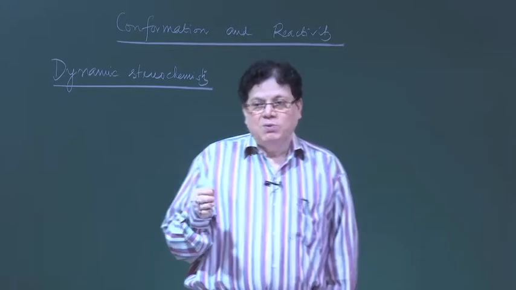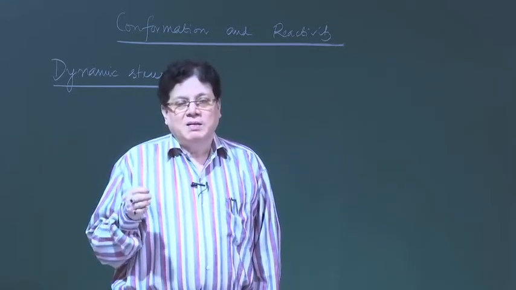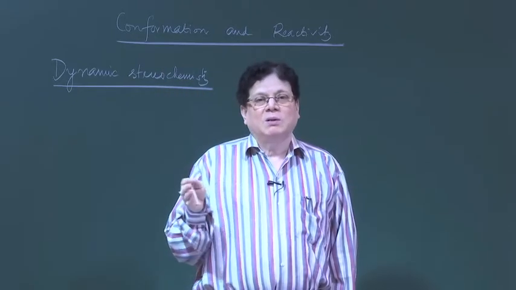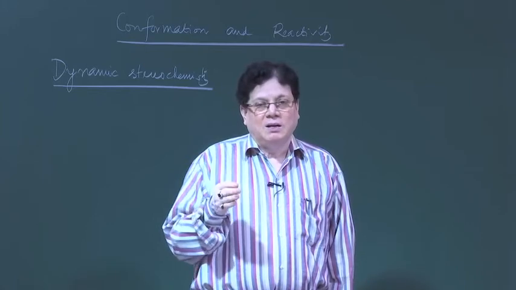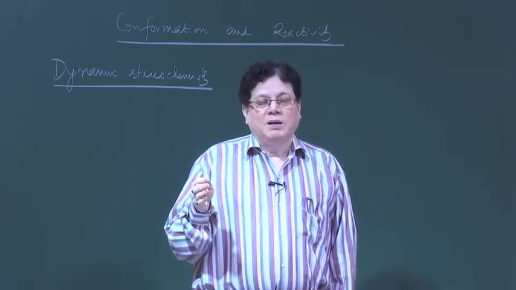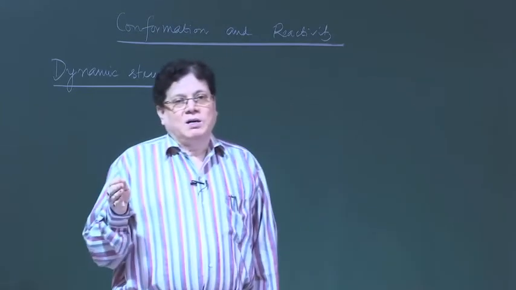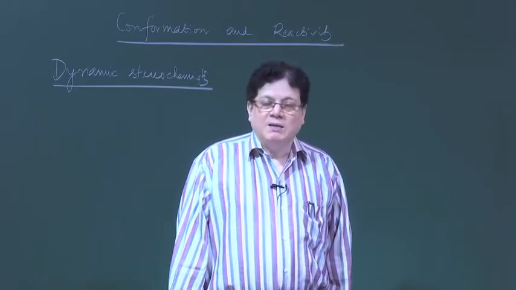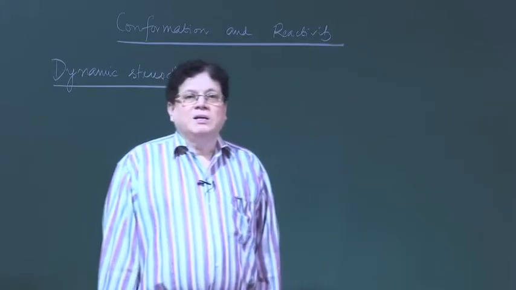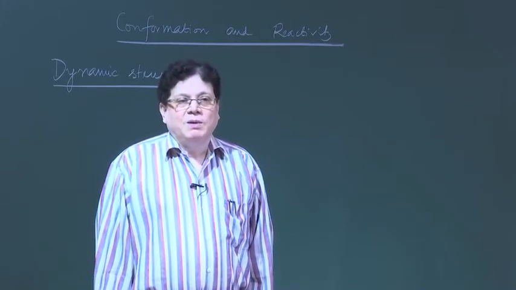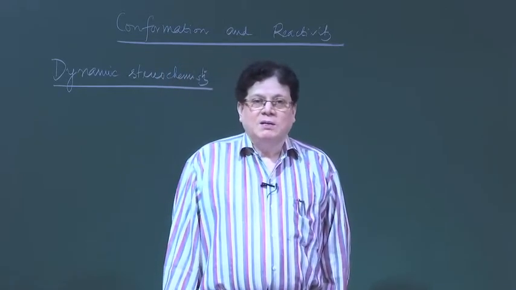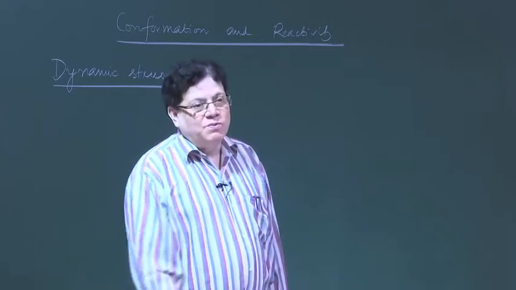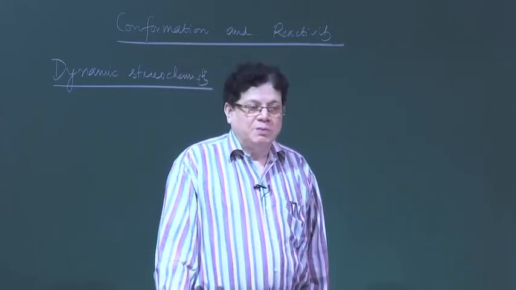Now, to really prove it, the best way is to show that the less stable conformer, that means the less populated conformer, gives the major product. And yesterday I gave you an example of a bicyclic compound, where alkylation is happening from a less populated conformer. So, that really is the experimental proof for the Curtin-Hammett principle.